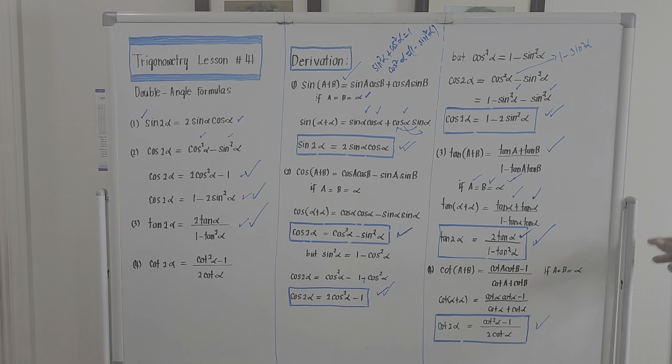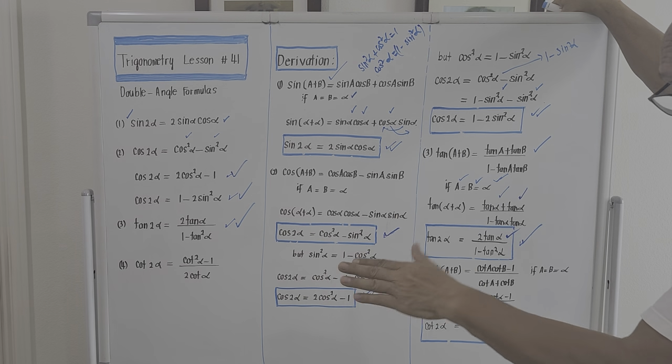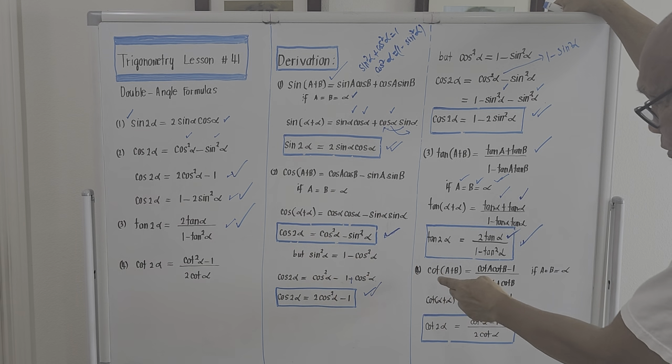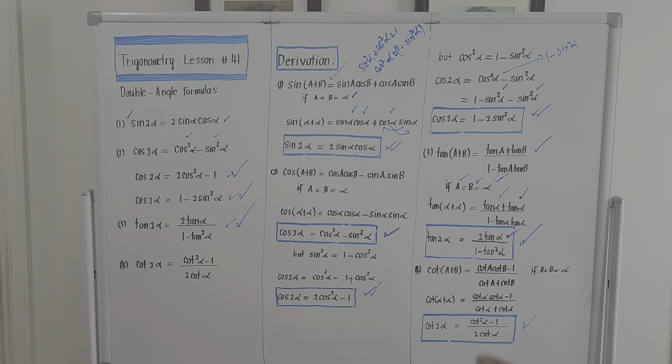It's easy, right? For the cotangent, it also emanates from the cotangent of a sum of two angles, cotangent of the quantity A plus B. If you try to recall, it's the reverse of the tangent. This portion here is the denominator: cotangent of A cotangent of B minus 1 over the sum cotangent of B plus cotangent of A. To derive the double angle, we equate A equal to alpha and B equal to alpha.